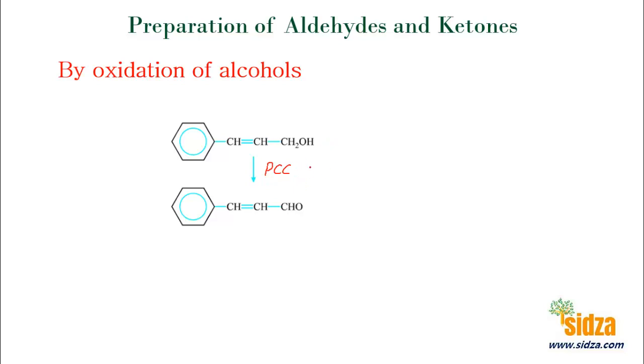If you oxidize alcohol with KMnO4 or potassium dichromate, you get an aldehyde first, but the aldehyde will be further oxidized into carboxylic acids. So the best choice in the synthesis of aldehydes and ketones is to use mild oxidizing agents.